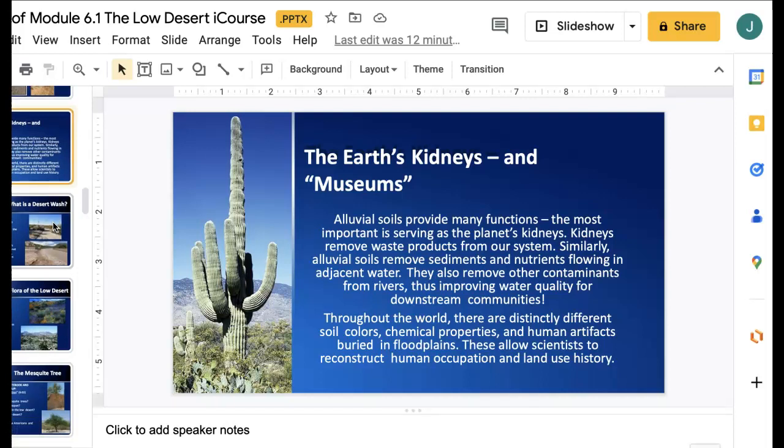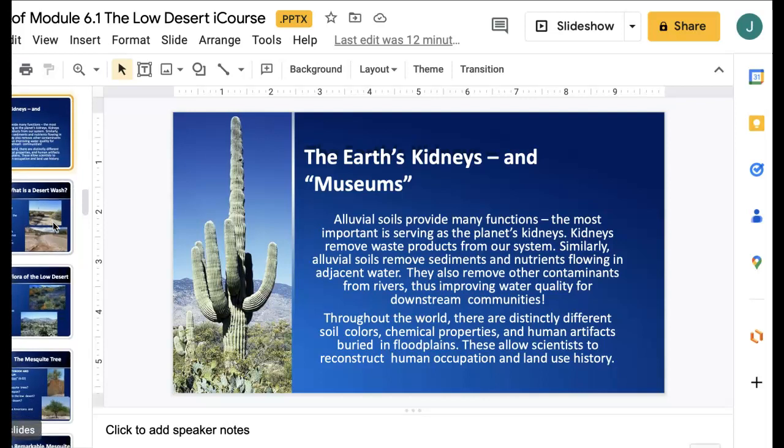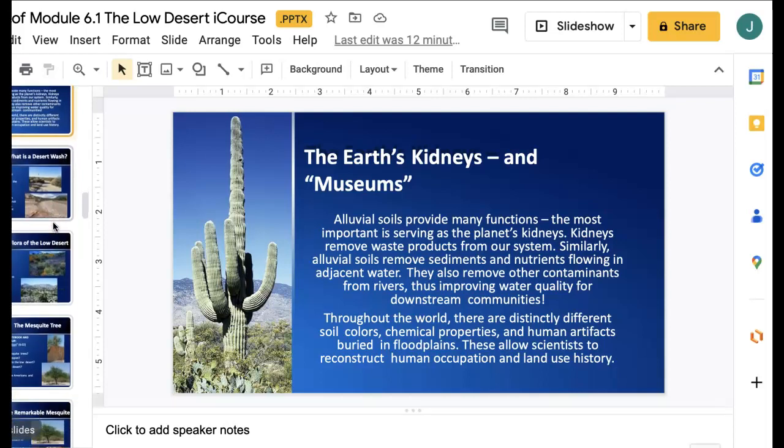So they remove the contaminants, they improve that water quality for the communities that are further downstream.